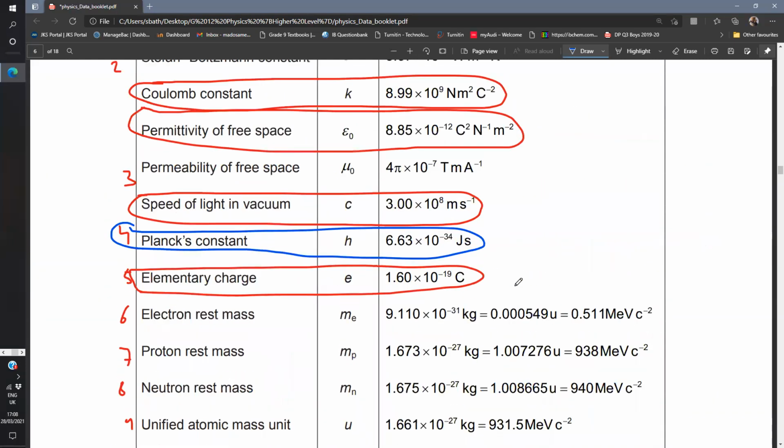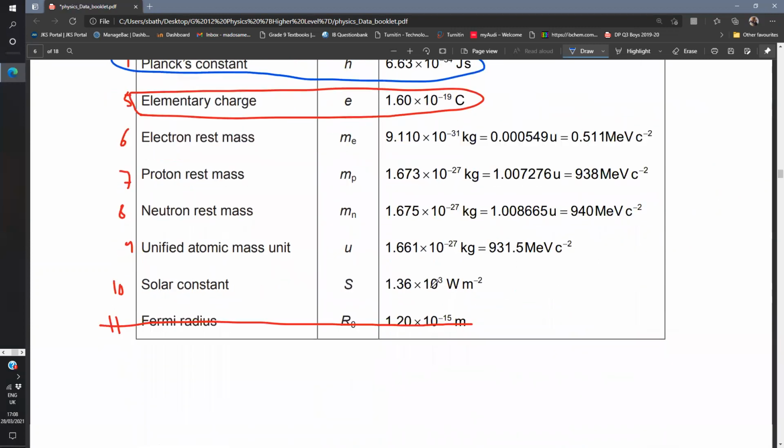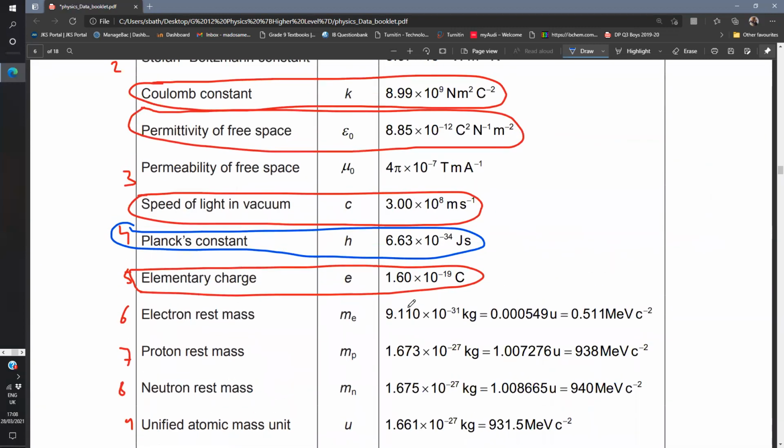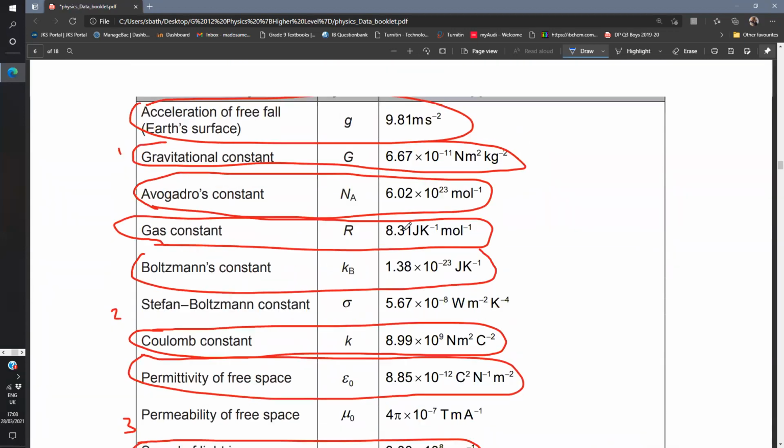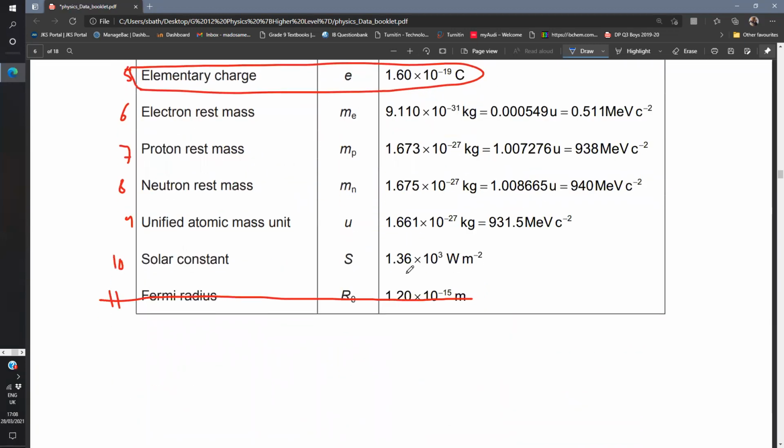It's also a constant, so I believe it is here, if I'm not mistaken. Here we are.